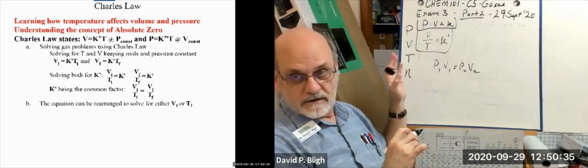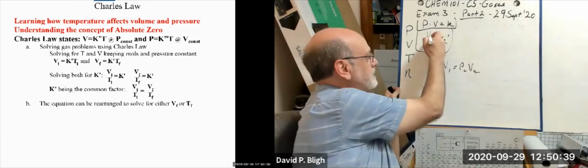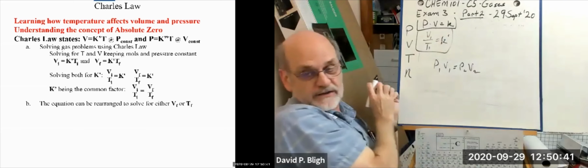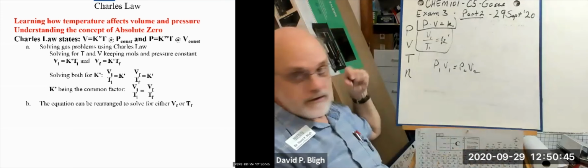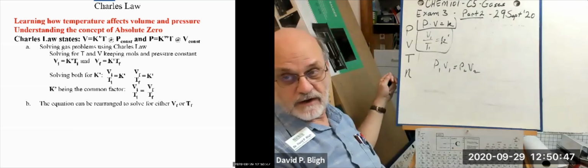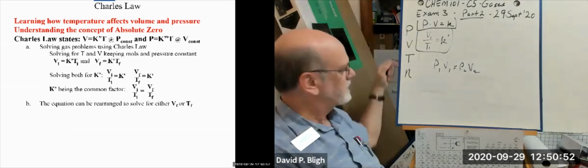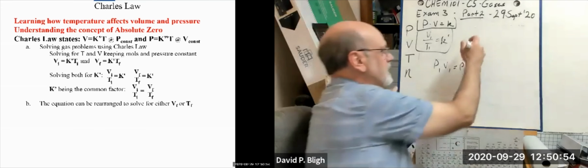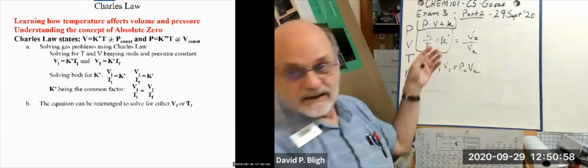For Charles' law, if we have volume and temperature measured at a given point in time, V over T is equal to that constant. If we measure it again, that same gas, for which we've maintained constant pressure and moles, but volume and temperature change, then it's still equal to that constant.